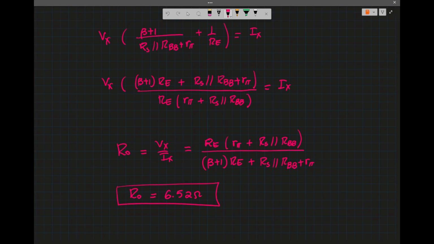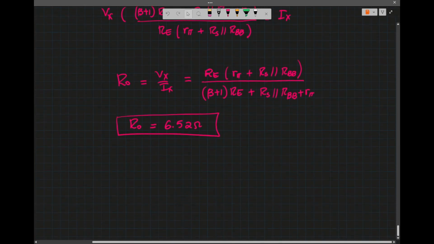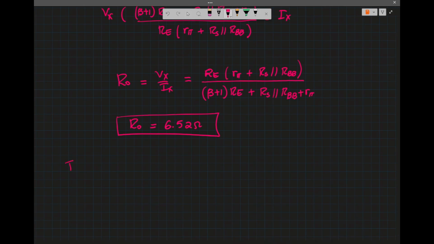So the output impedance is low, a small output resistance.